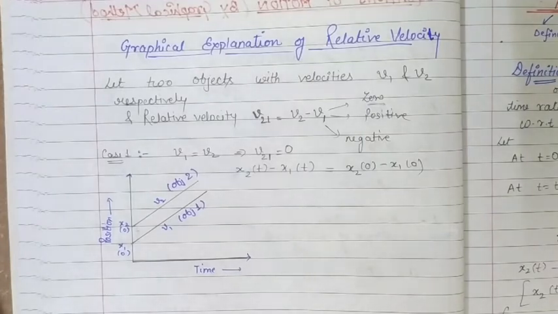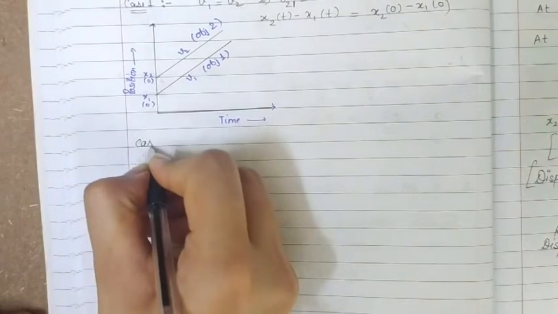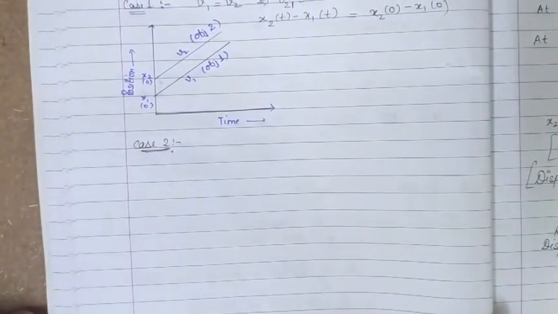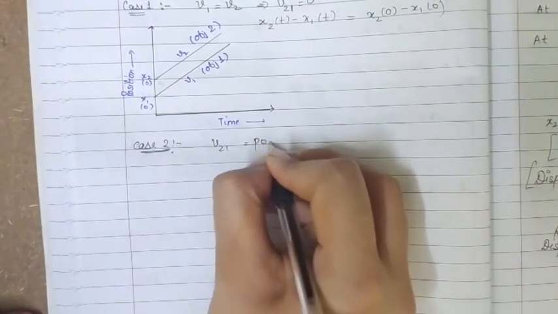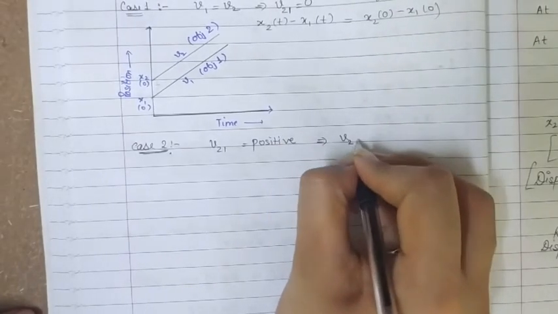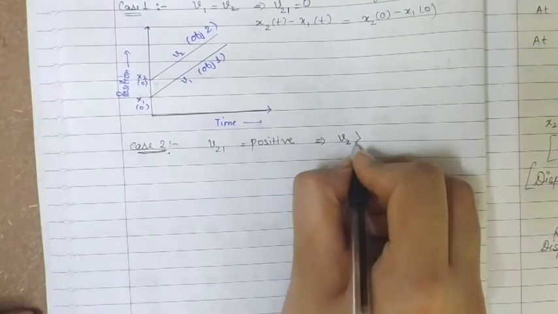Now we are moving to the second case where we are going to take v21 as positive. v21 positive means v2 minus v1 is positive. That means v2 is greater than v1.